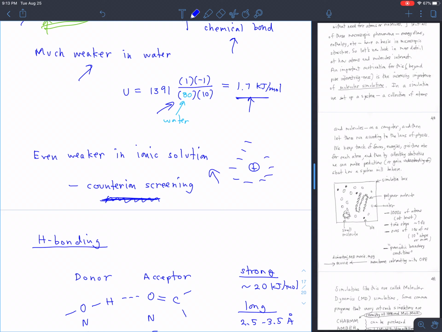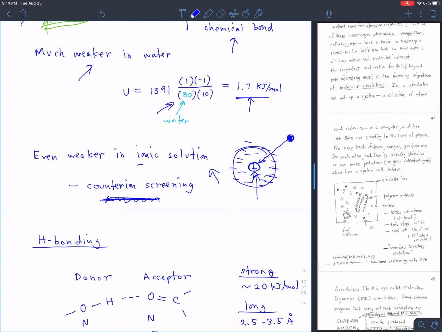This is a sodium ion, then there'll be chloride ions in solution, for example, and they tend to congregate, they tend to hang out near the plus charge, which means that if you're out here trying to see what's inside, you're looking through a screen of negative charge to see that plus charge. And basically these negative charges largely cancel this plus charge. So what this guy out here actually sees is a very small remnant of the full positive charge. And the same is true for a negative charge. There are positive counterions that screen that.